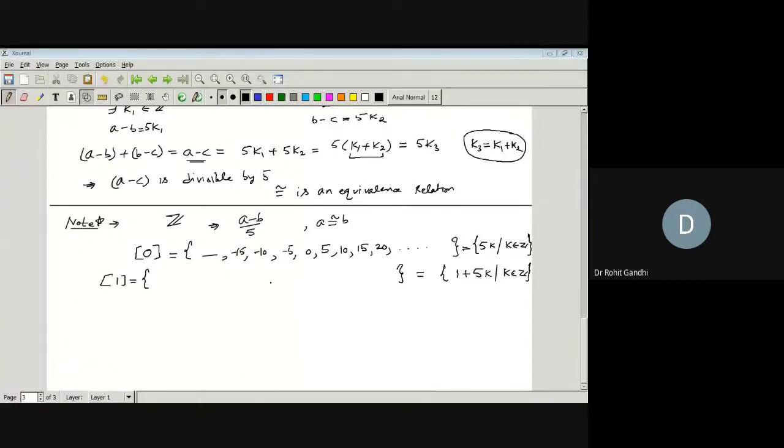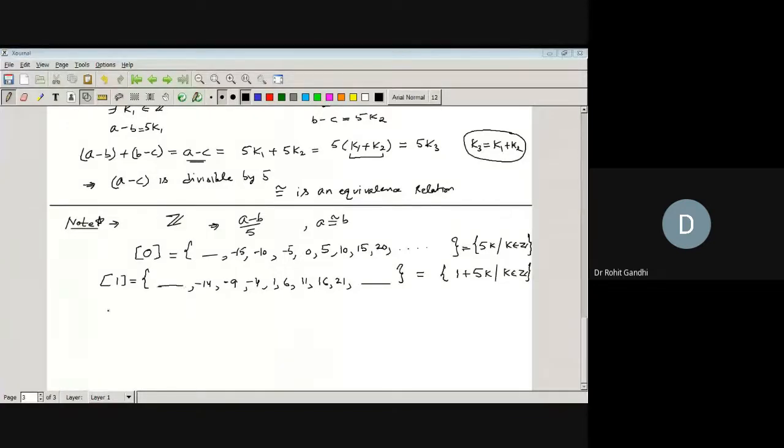So the elements should be 1, 6, 11, 16, 21, and if I go back, then it will be -4, then -9, and -14, and so on.